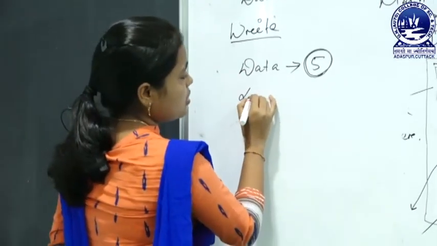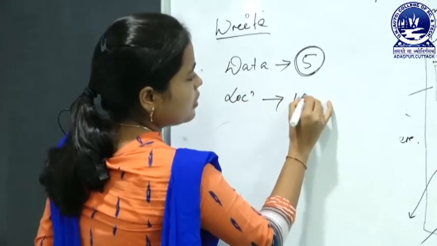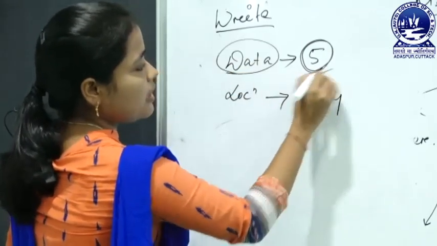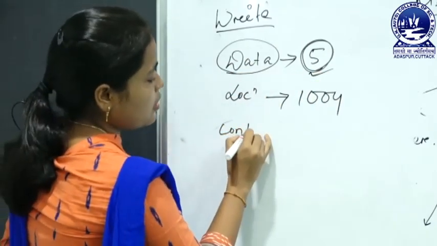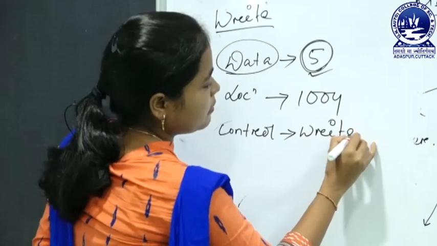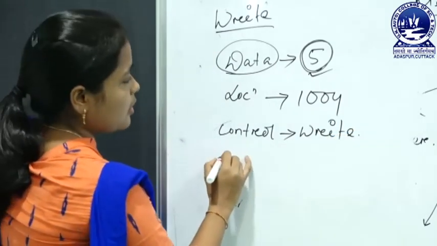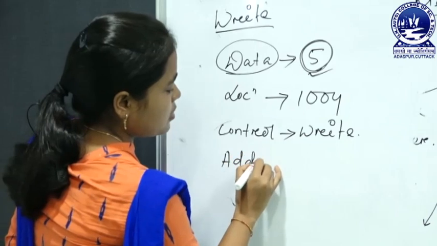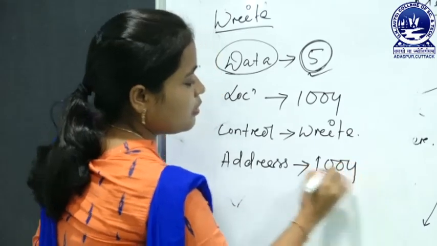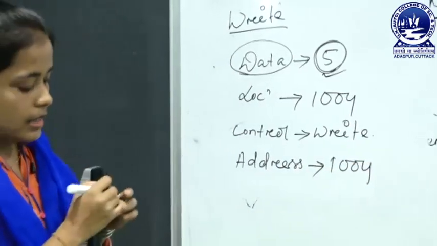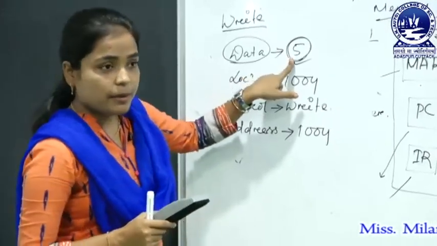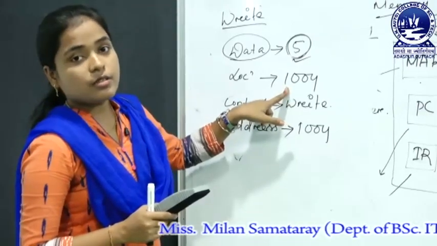Let the location be 1004. So, the data bus will contain 5, the control bus will contain the signal generated by the control unit as write, and the address bus will contain the value 1004. That means the processor wants to write the value 5 in memory location 1004.